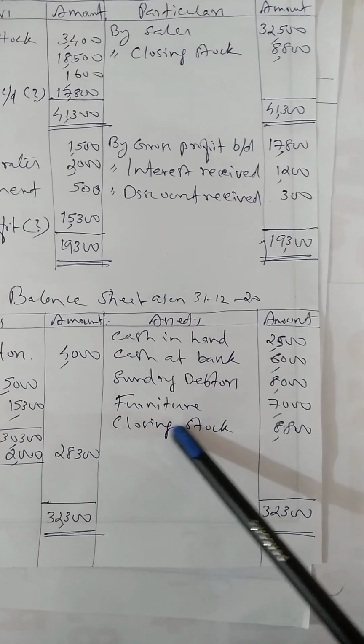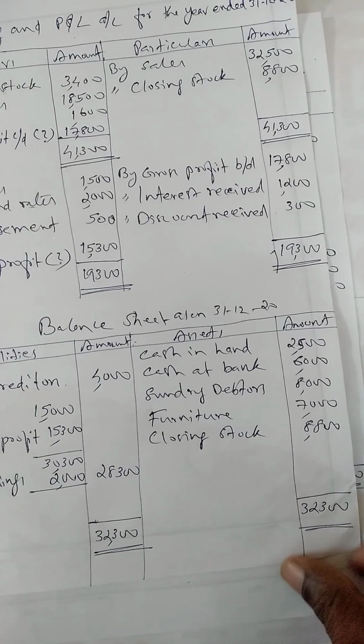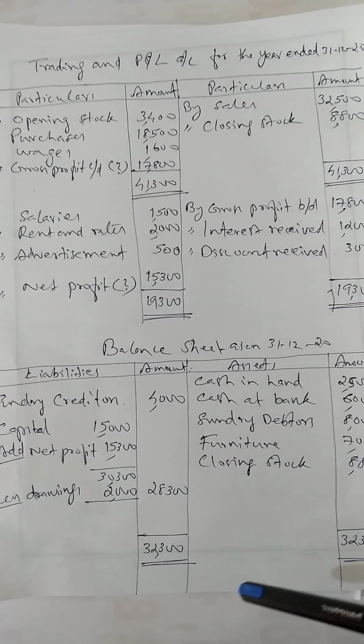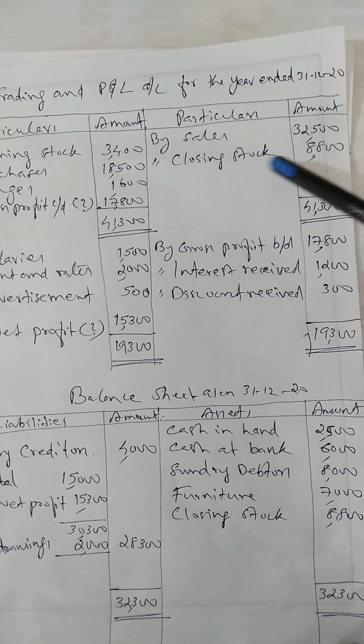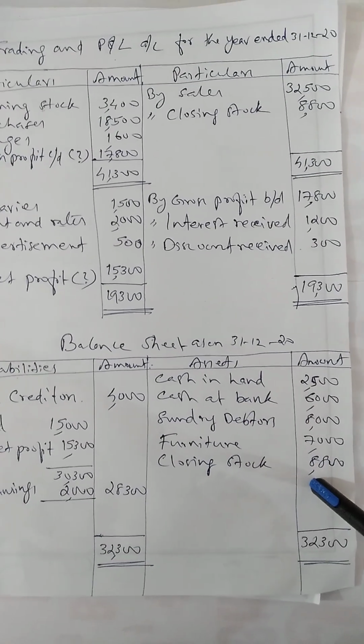Now it will appear on the asset side also. Closing stock must appear on the asset side also. Since it is given in the adjustment, all the items in the adjustment must appear in two places of the final account. Here closing stock is an adjustment, so it is considered on the credit side of the trading account and asset side of the balance sheet.